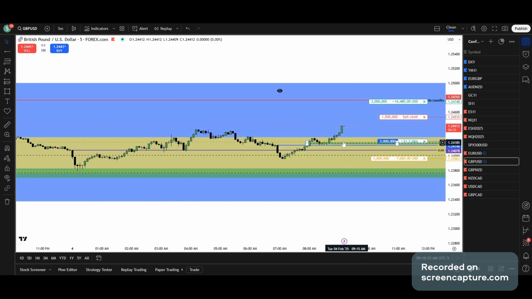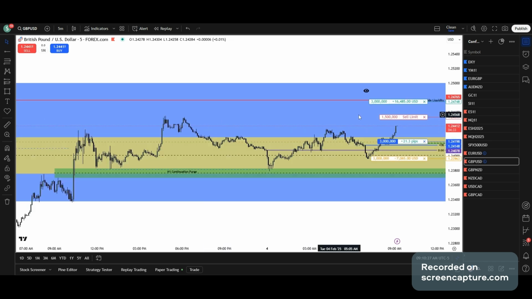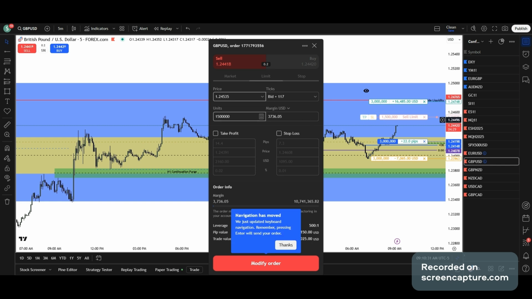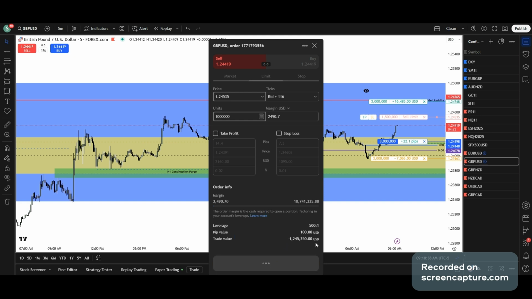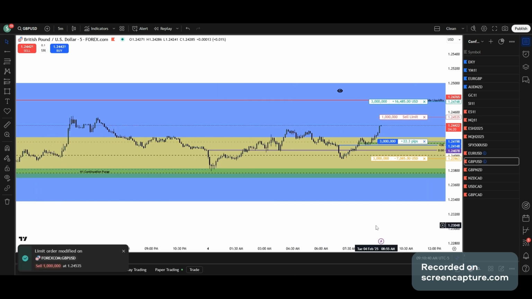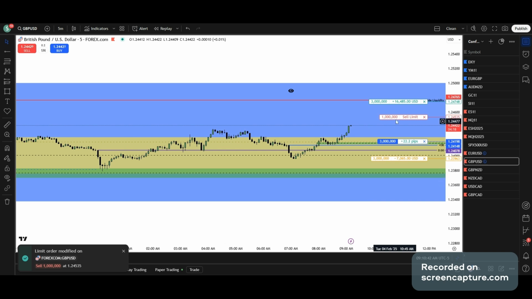I'll change this sell limit. Change that to, I'll take another 1 million units off right here.